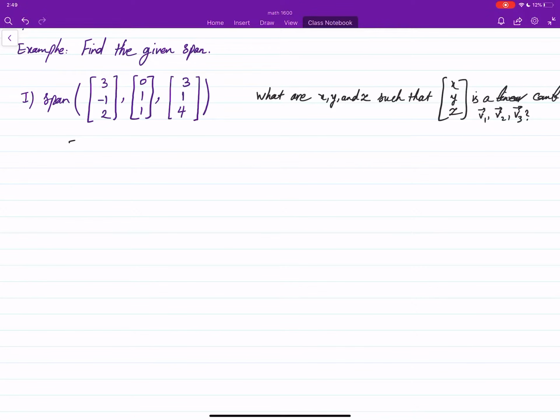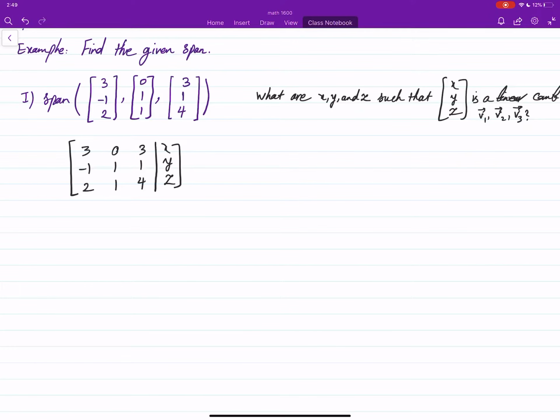So in other words, we're trying to see for what values of x, y, z this system is consistent. Remember, to check if x, y, z is a linear combination of these vectors, we form this augmented matrix whose coefficient part comes from the columns, the vectors, and the right hand side is the vector we are trying to check if it is a linear combination or not.